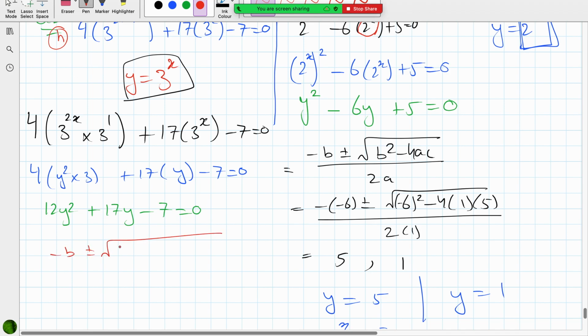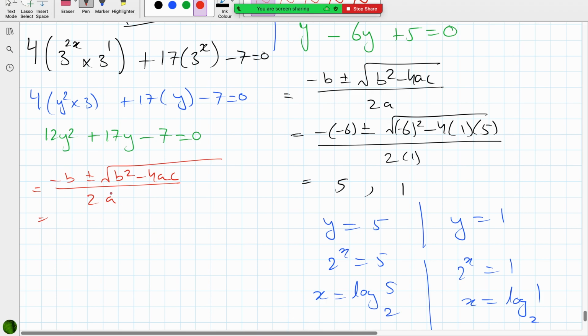Minus b plus minus square root b square minus 4ac over 2a. Did you get it? How we converted it into y? Sort of.